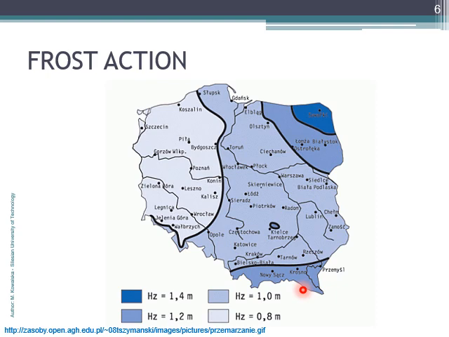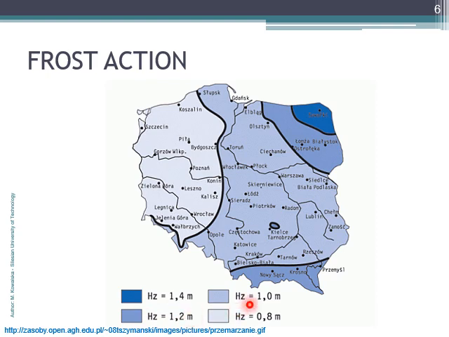This map is used, for instance, when you design the foundations, because then we want to know what the frost penetration depth is. Let's say that we are designing some foundation in Warsaw, right? And we know that in Warsaw, the frost penetration depth is then 1.2 meters, right?